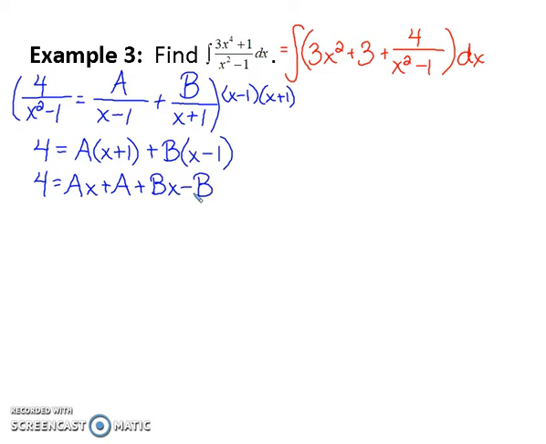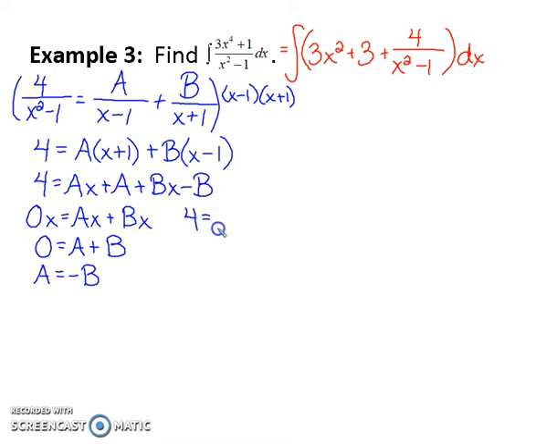And again, if you remember from the last problem, we then group the like terms. So on the left-hand side, I don't have any x's. So ax plus bx should add up to being 0 x's, which means a plus b equals 0, or a is equal to negative b. Then as far as constants go, I have 4 equals 1a minus b.